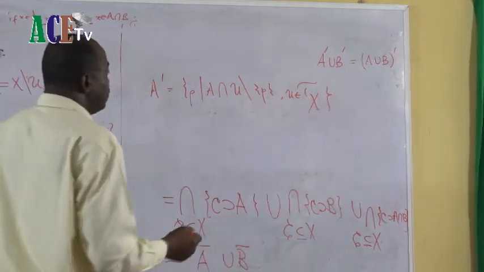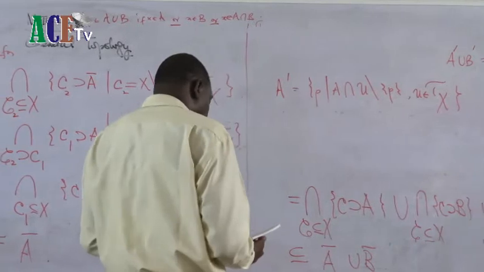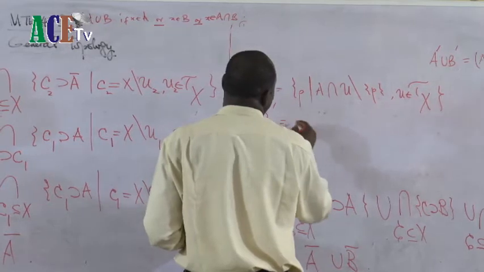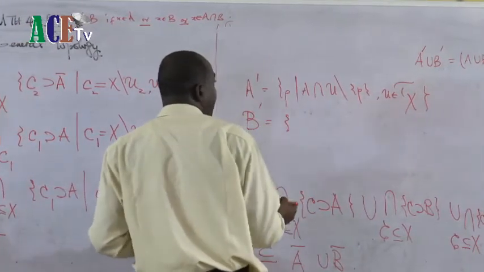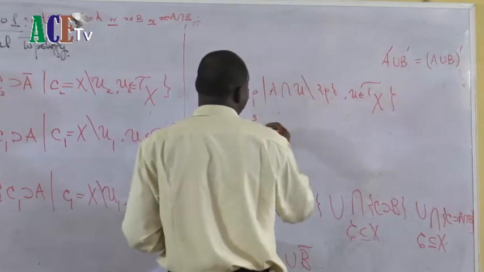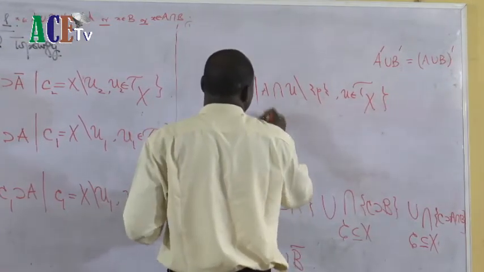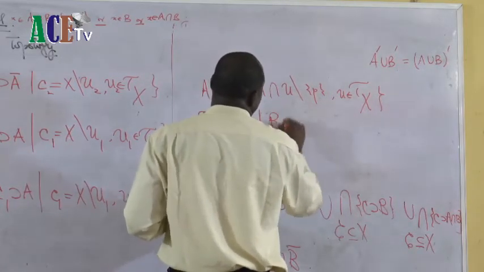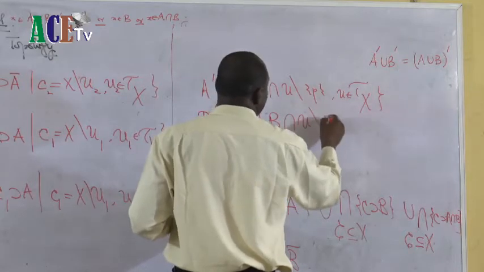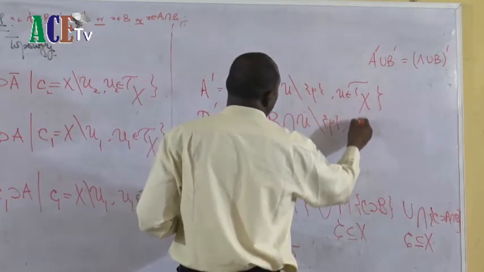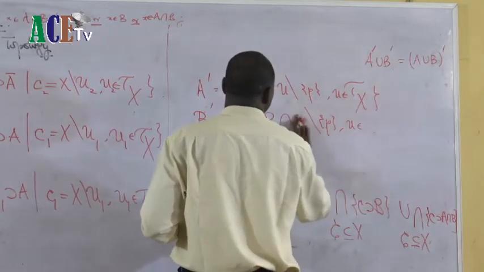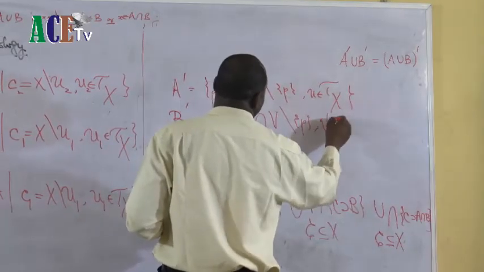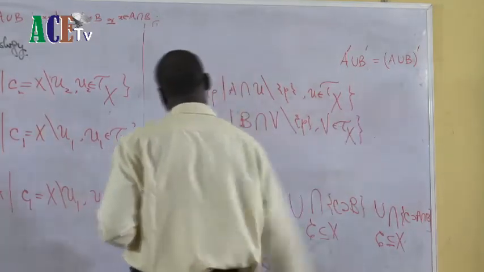In the same vein, you may decide to also define B prime in a similar way. So we say, let this be P such that you have B intersect U without P, where we may choose a different open set here and claim that that open set is V.